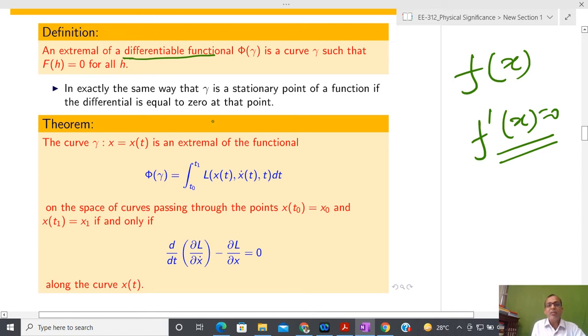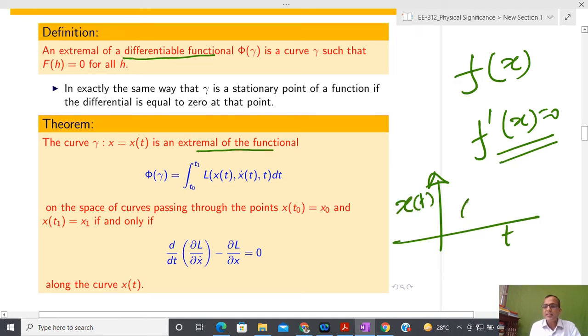Now let us try to see the next theorem. Based on all the previous theorems, I am going to define a concrete result, and the result is like this. Suppose you have some kind of curve gamma and an extremal of the functional. Extremal means I am talking about maxima and minima both; I am not worried about whether it is a maxima or minima. First you can think that I have a two-dimensional space, t and x(t).